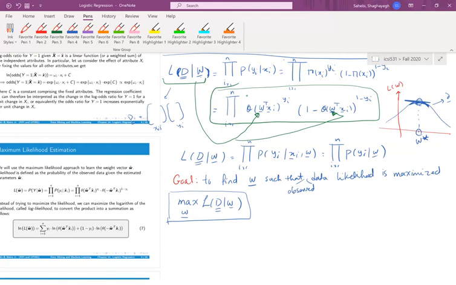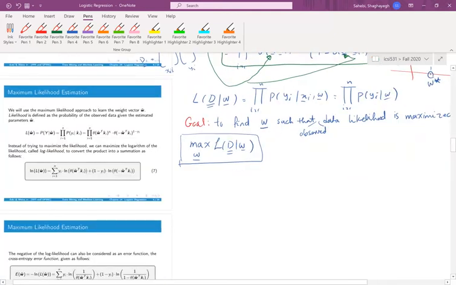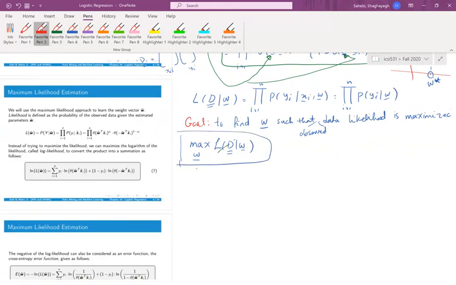So instead of maximizing L of W directly, because this is difficult, I will try to maximize the logarithm of L of W.